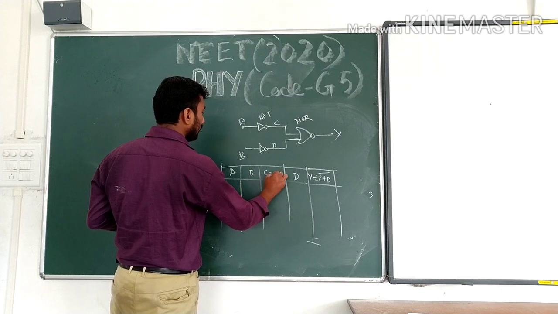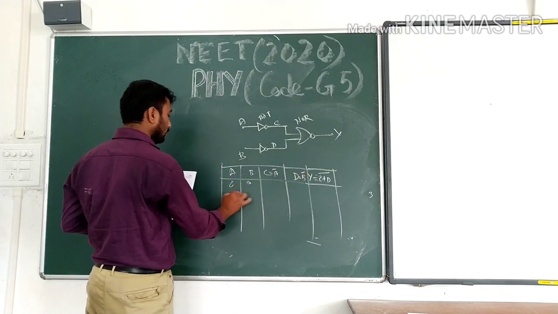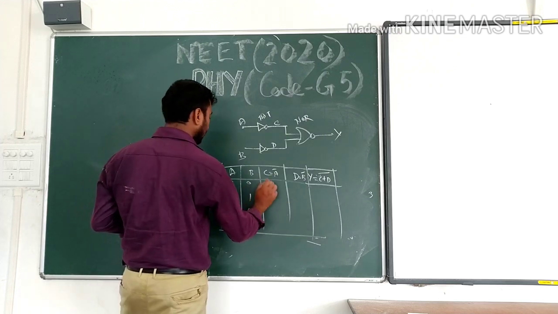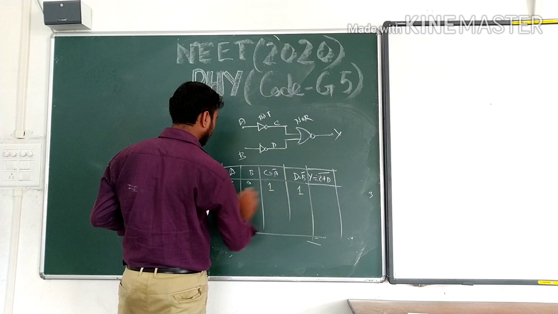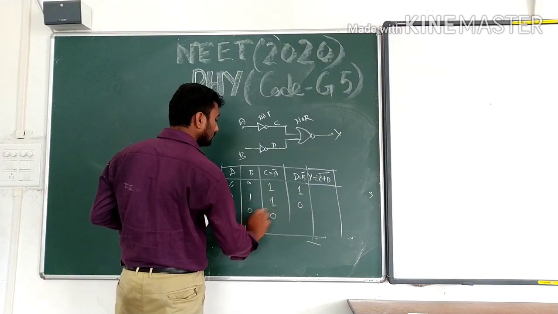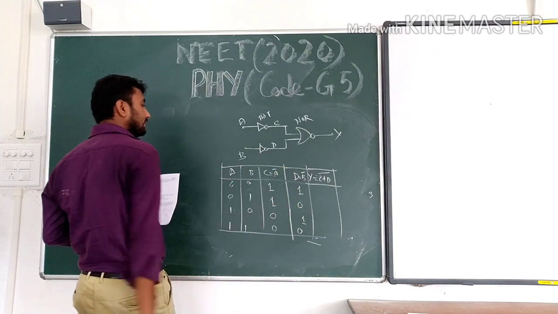So C and D are 0, 0, 0, 1, 1, 0, 1, 1, and Y is 1, 0, 1, 0.